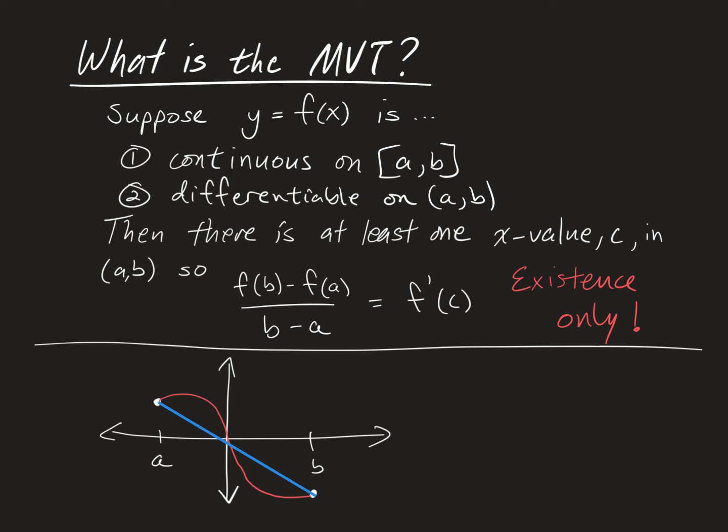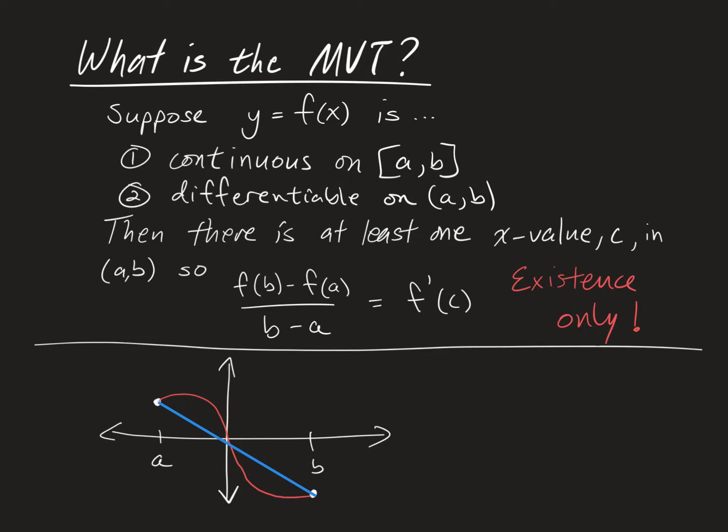So how does that help? Well, what this equation is saying is the rate of change between a and b, the whole interval, will equal the instantaneous rate of change somewhere along the way, as long as you have a continuous differentiable function on that same interval.